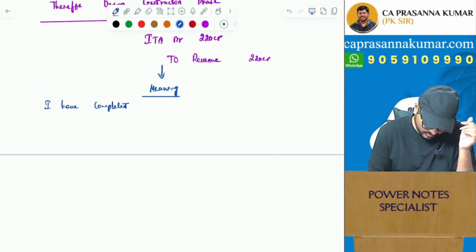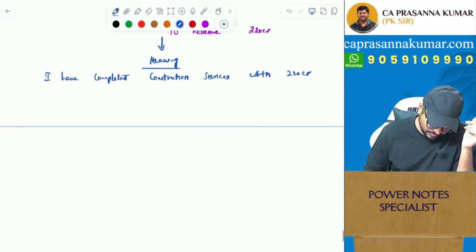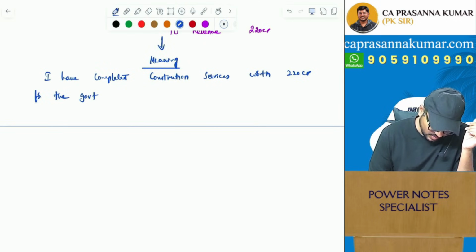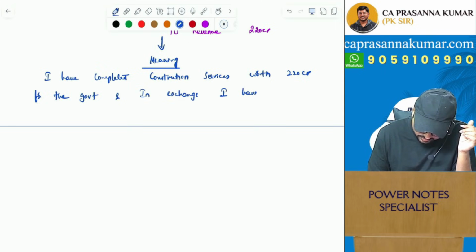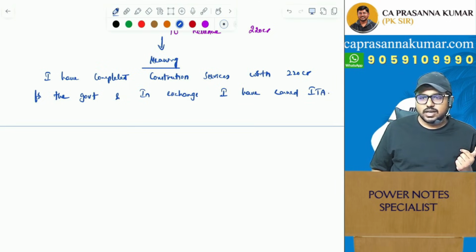completed construction services worth 220 crore for the government, because the customer is government, na? And in exchange, what did I get? I have earned non-cash consideration, which is intangible asset.